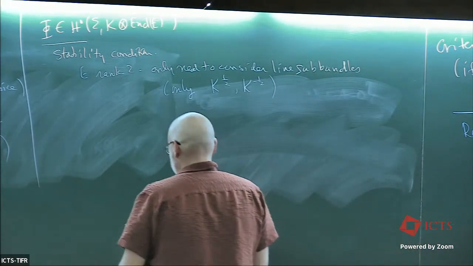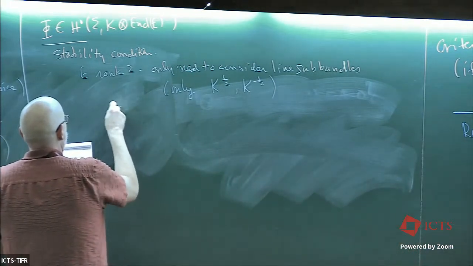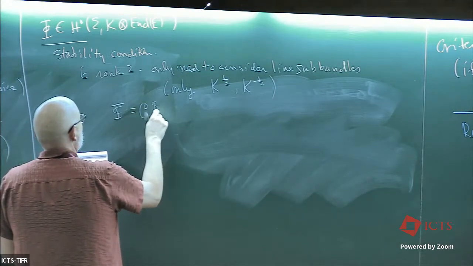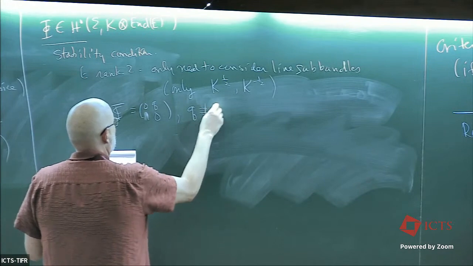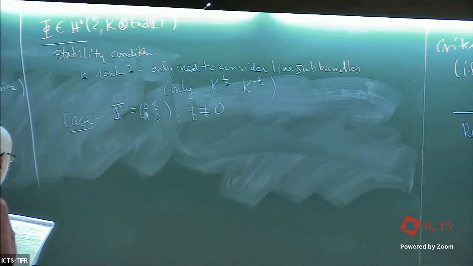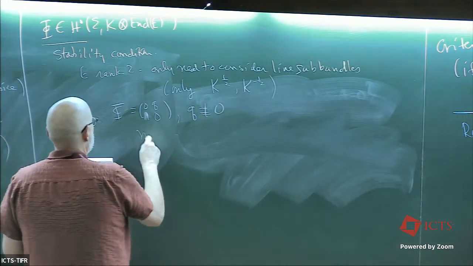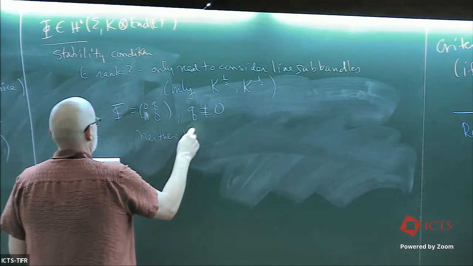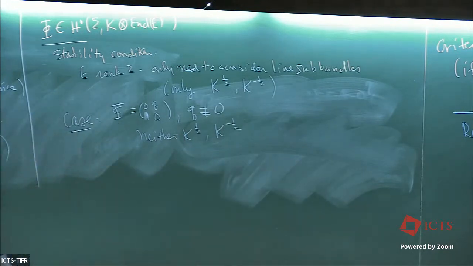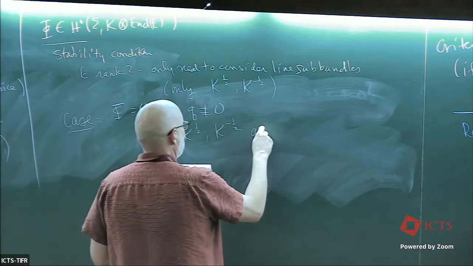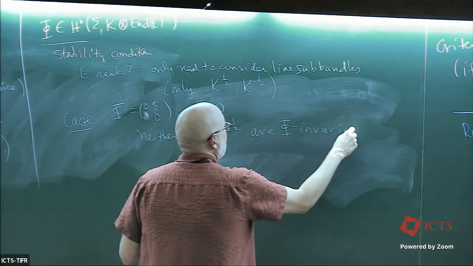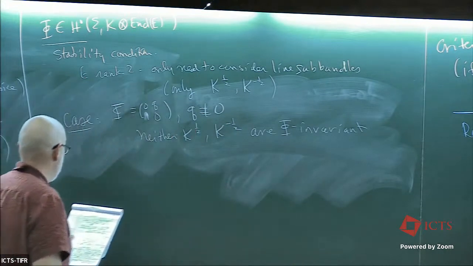So if phi is as above, where Q is not identically 0, then neither k to the 1/2 nor k to the minus 1/2 are phi invariant.